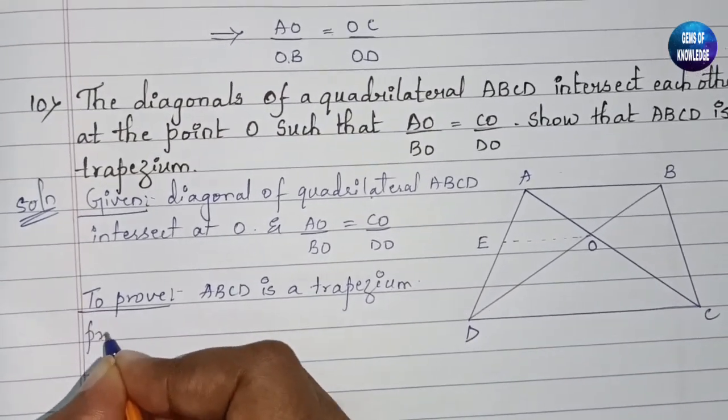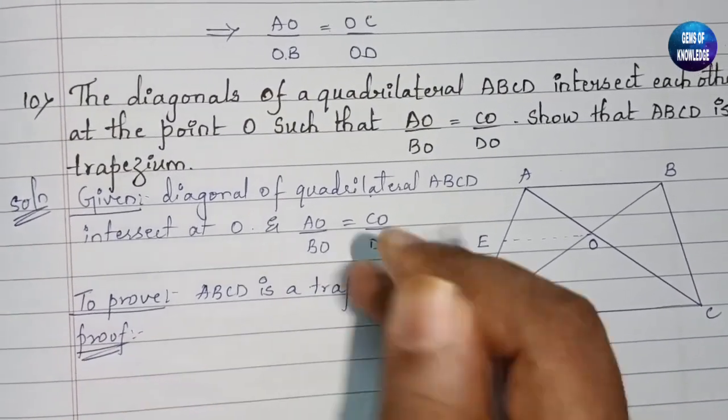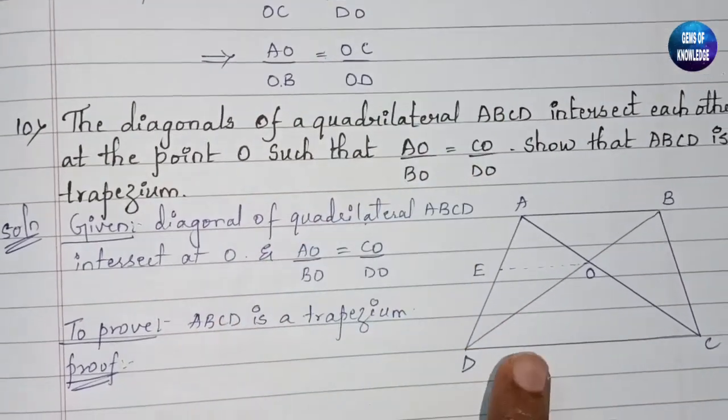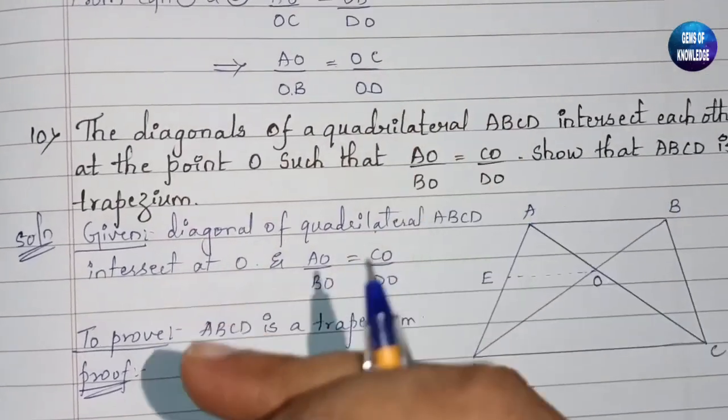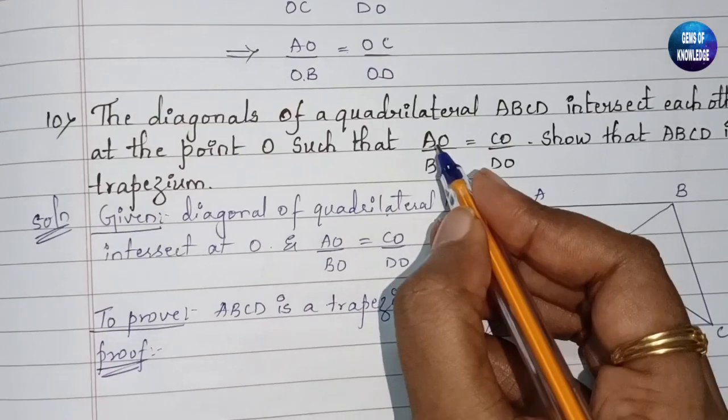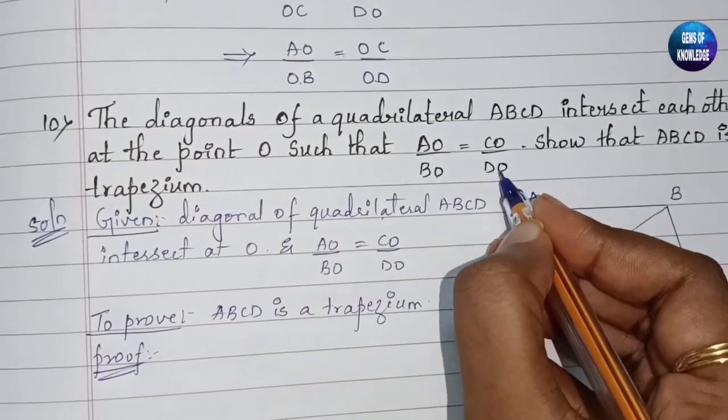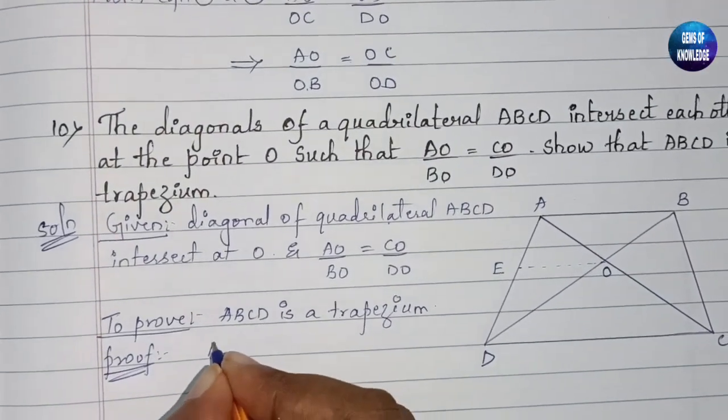Okay, now next, proof. This is what we have proved in the 9th one. The same thing we need to repeat here, but in the reverse manner. We all know that AO by BO is equal to CO by DO, already given.